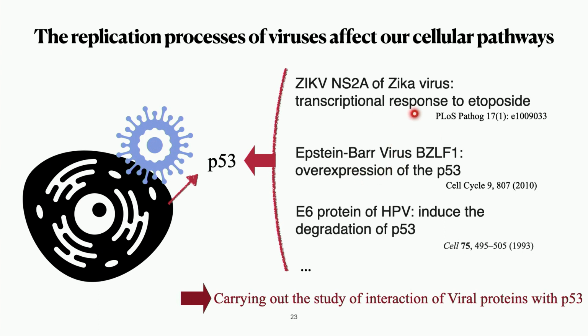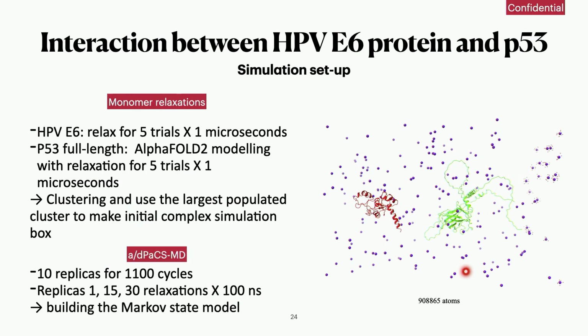Among the viruses, recently the E6 protein of HPV was shown to induce the degradation of P53. But from the molecular mechanism, we don't know how it interacts with P53 and how it causes cancer. So we would like to carry out a study of the interaction of this protein with P53.